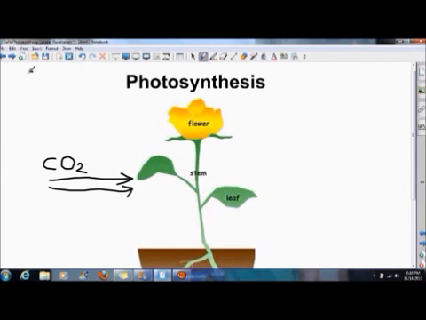They're also going to take in energy from the sun. So up here in the corner, let's draw a sun, and the plant's going to take that in. We can label that energy.